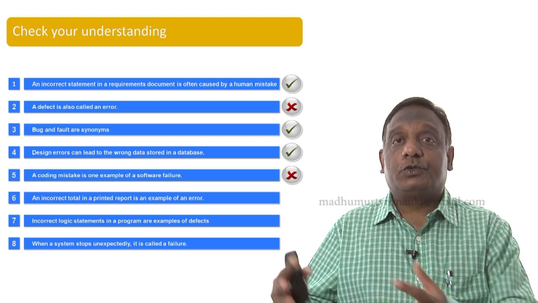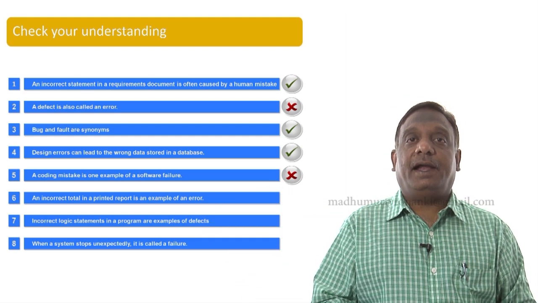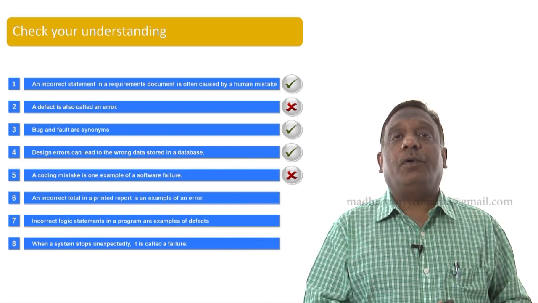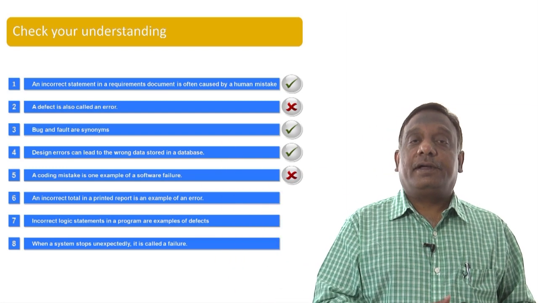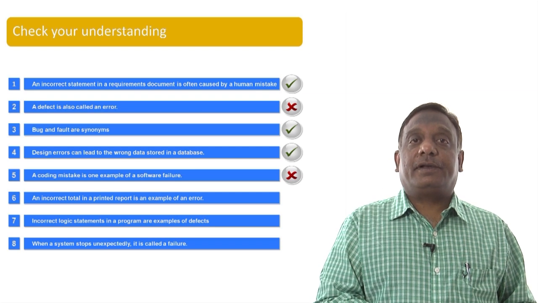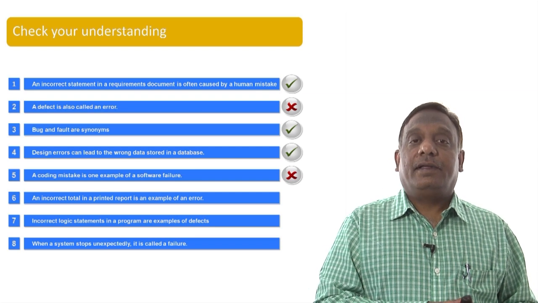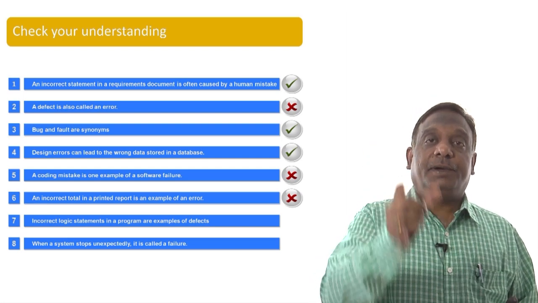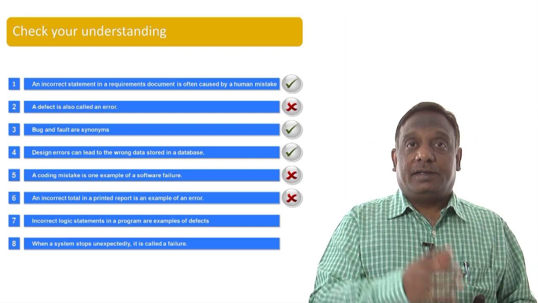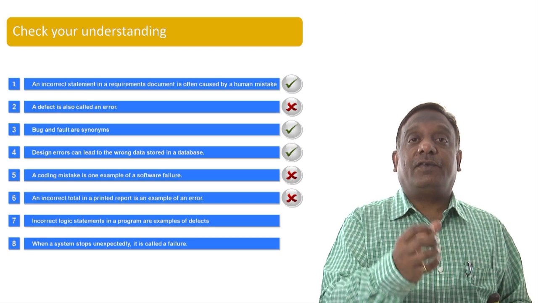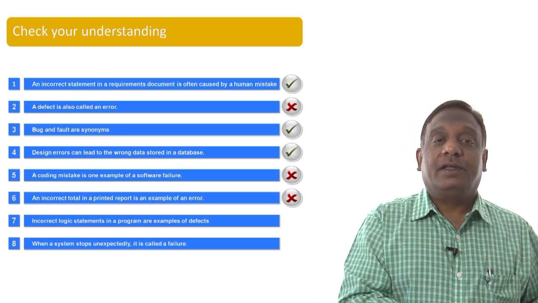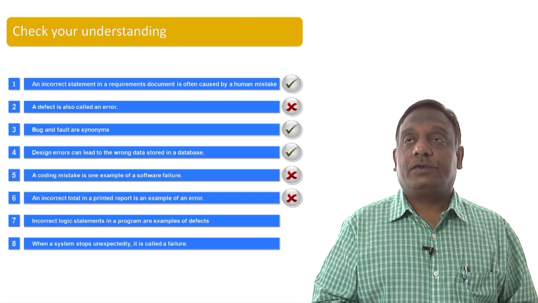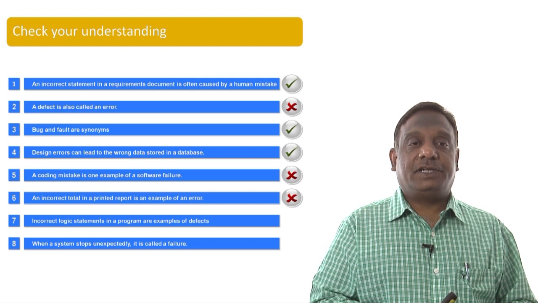When the software is used by the end customer, who enters a set of data, processes some information and takes a report, and the totals in the report are wrong. This is a failure, and this failure is caused because a defect exists in the software, and these defects are caused by errors. So that is not an example of an error. It is an example of a failure. So that is a wrong statement.